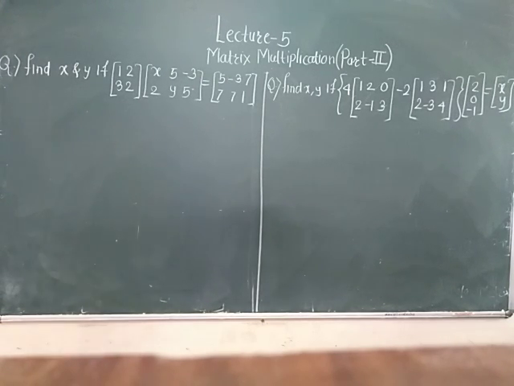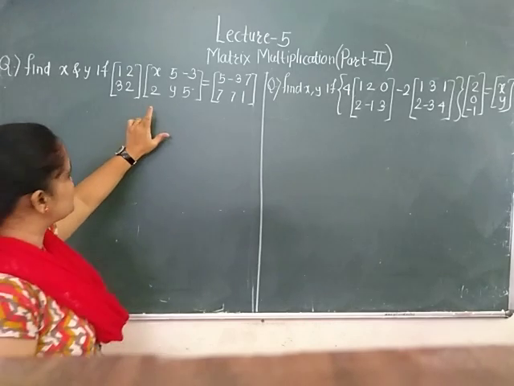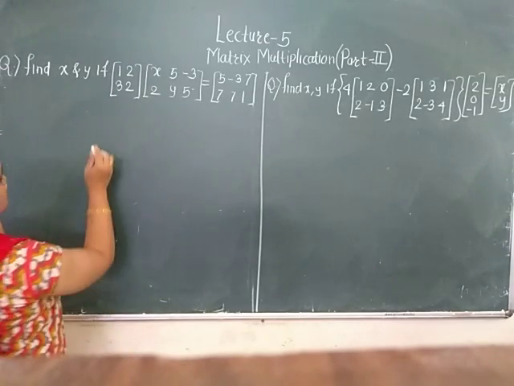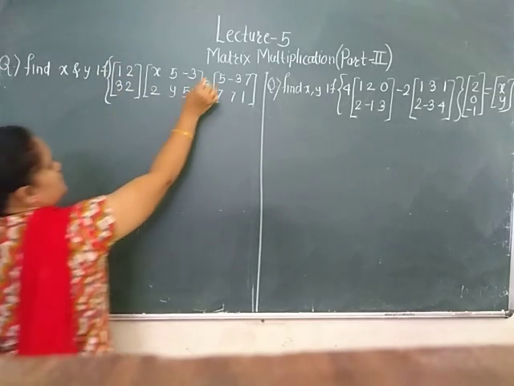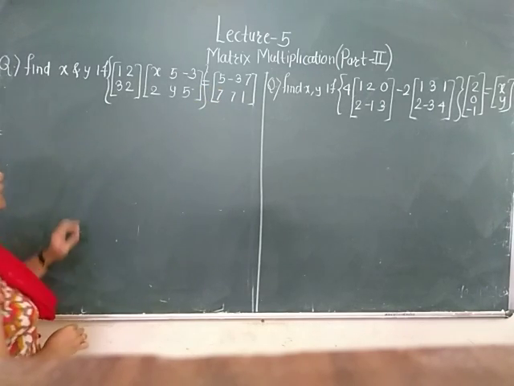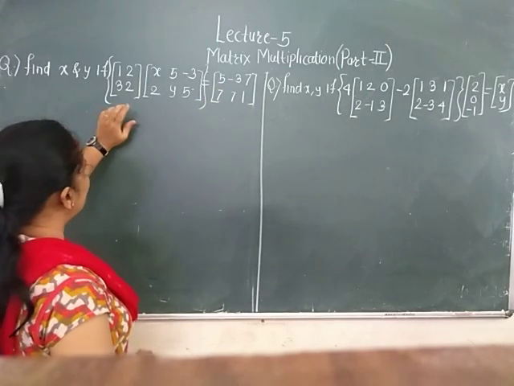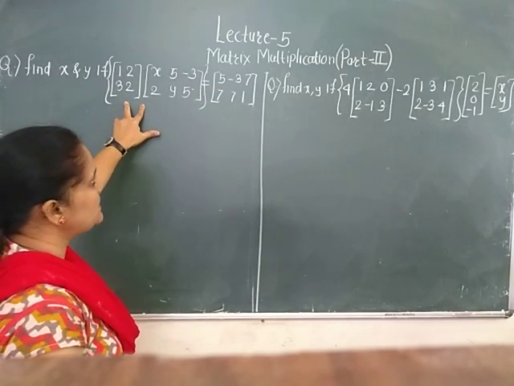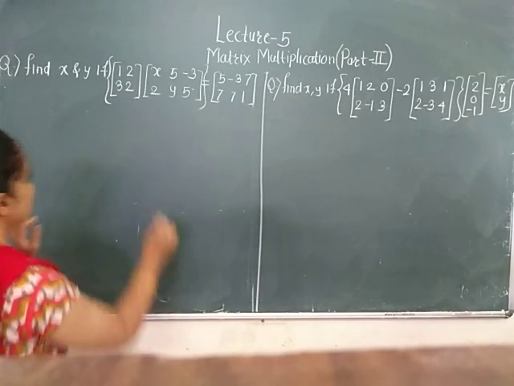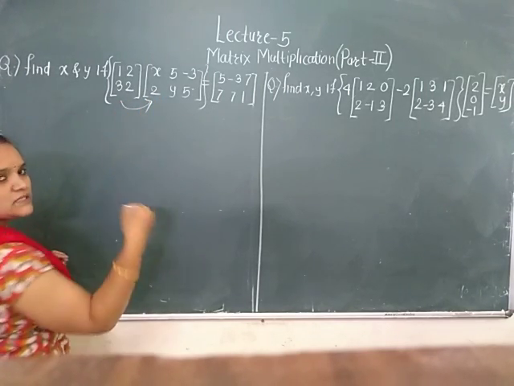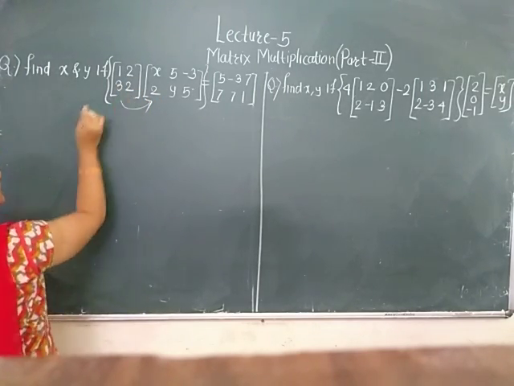Let's solve this question. Now here a bracket is there. Find x and y if these two matrices are in multiplication. So we are going to multiply these two matrices here. What do we get here?